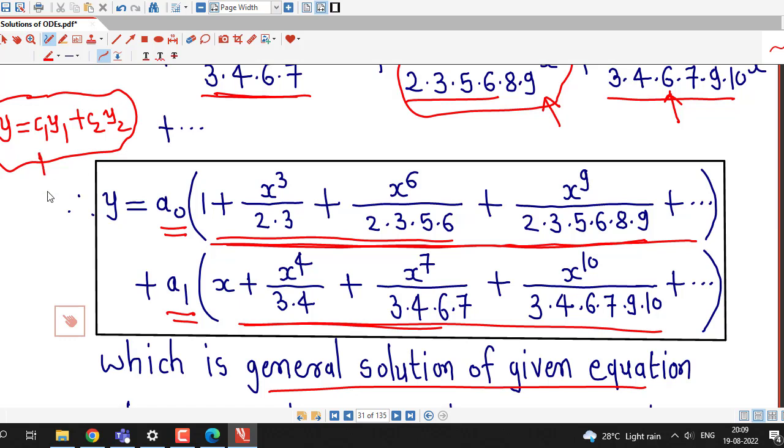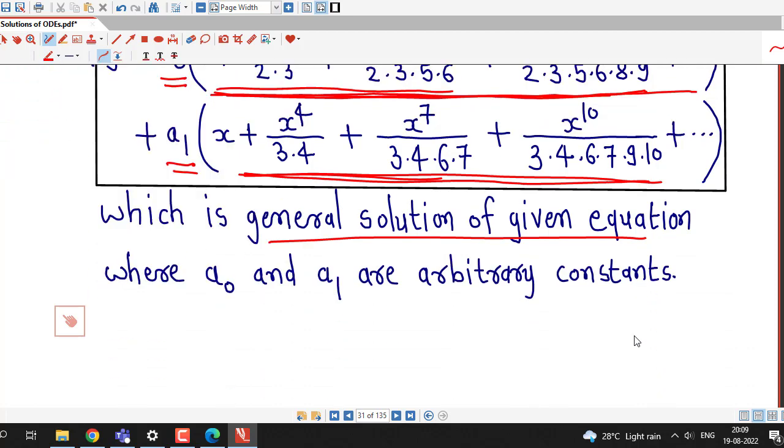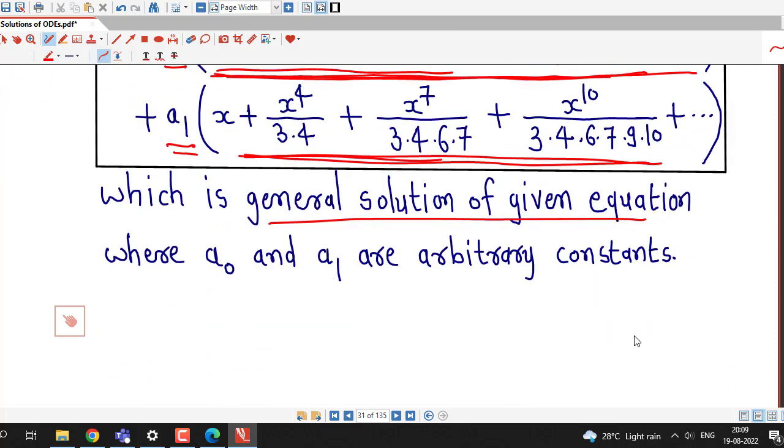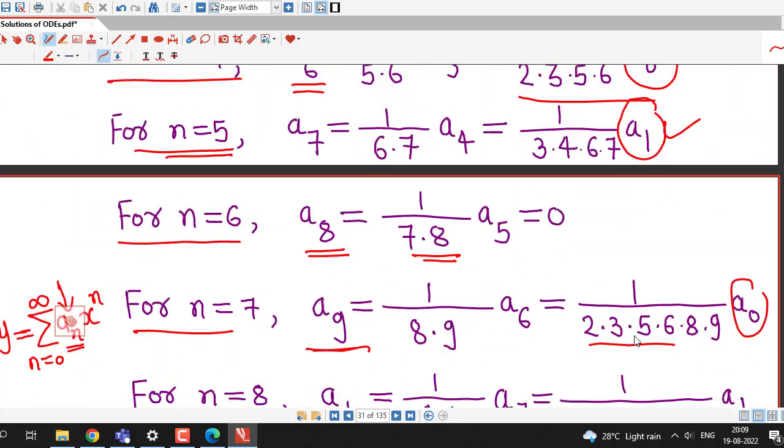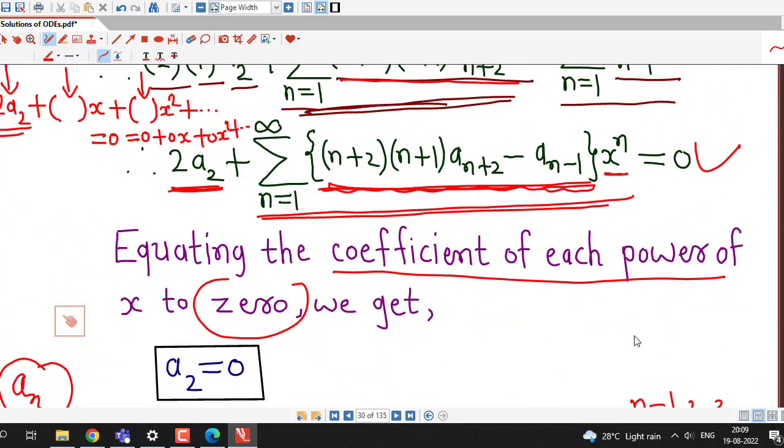So that matches here. c1 and c2 are a0 and a1, and y1 is this first series, y2 is given by this second series. So it is easy to obtain the series solution. You should just remember all these important steps.